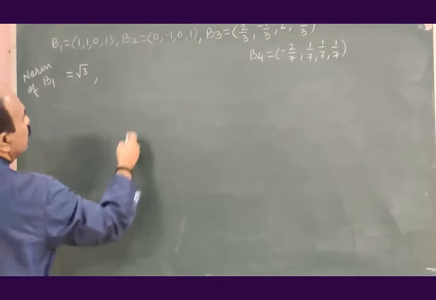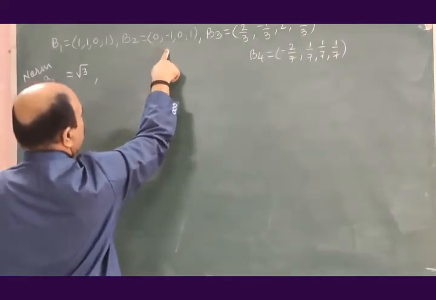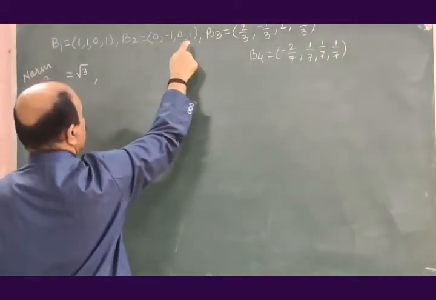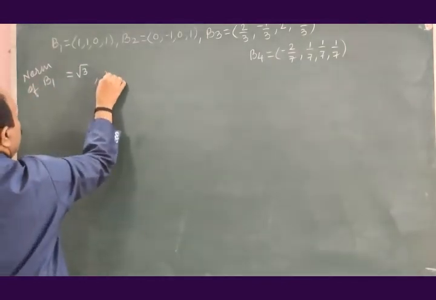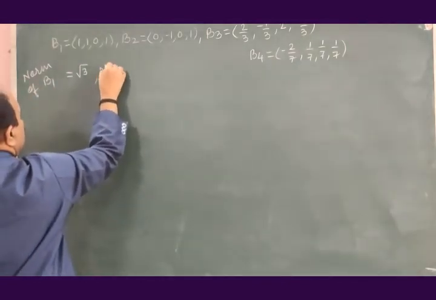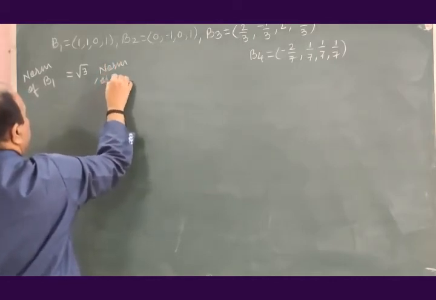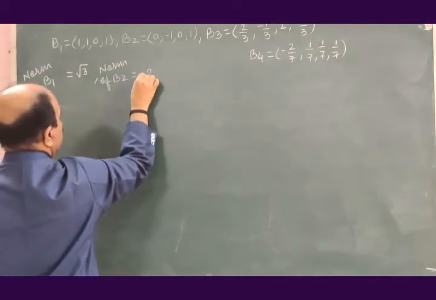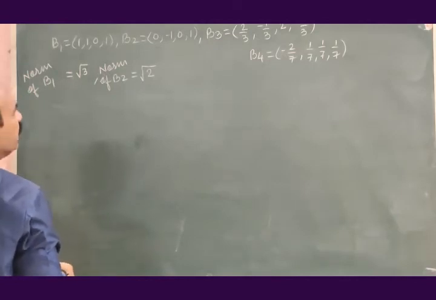Then the norm of B2: 0 into 0 is 0, plus minus 1 into minus 1 is 1, 0 into 0 is 0, 1 into 1 is 1, so it will be the square root of 2. The norm of B2 is equal to the square root of 2. Then let us go for the norm of B3.